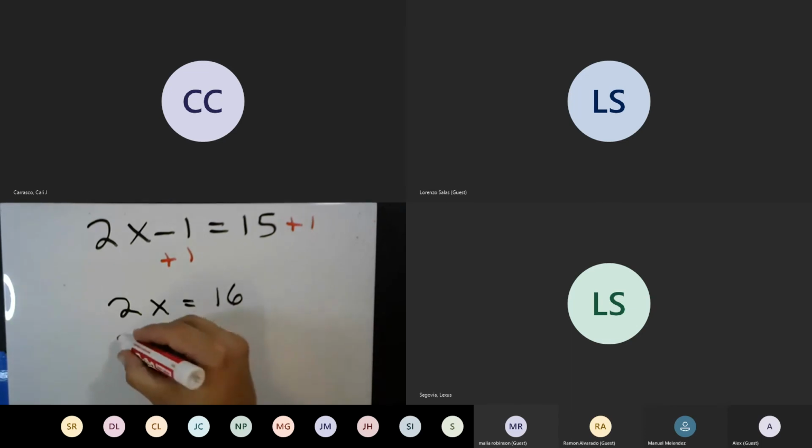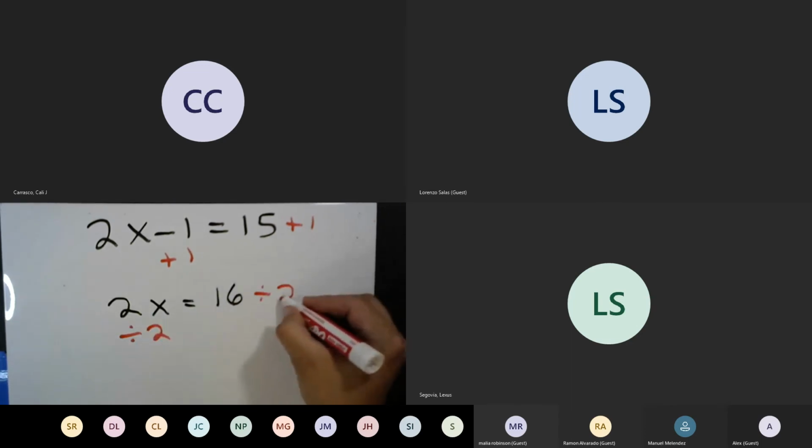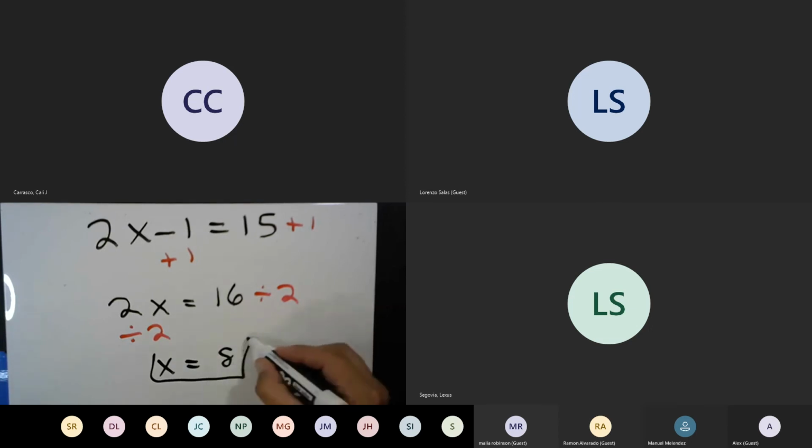And then we undo the multiplication. And we get x is equal to 8. And that's going to be our final answer.